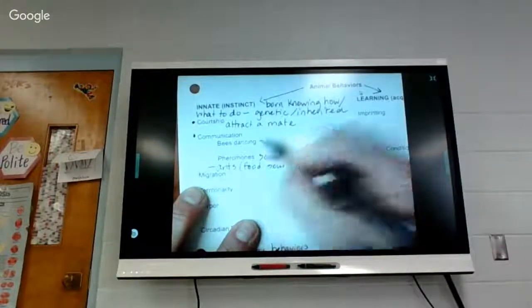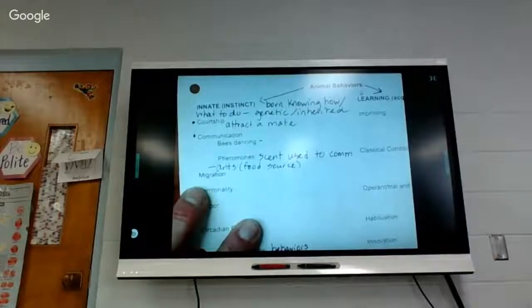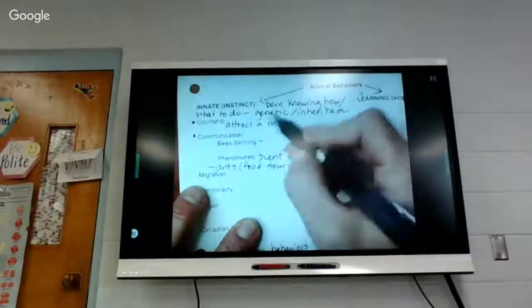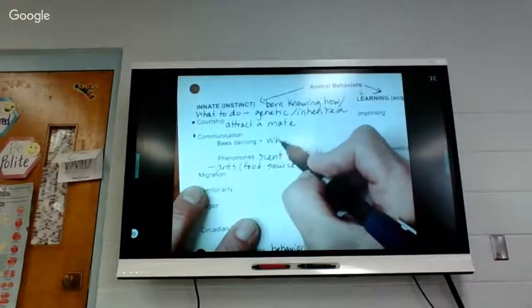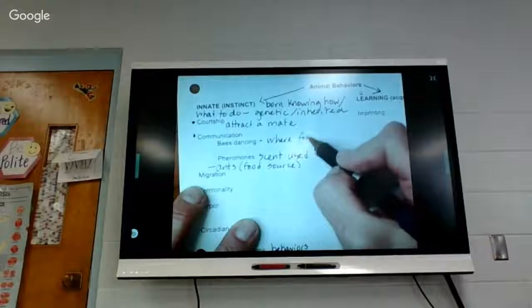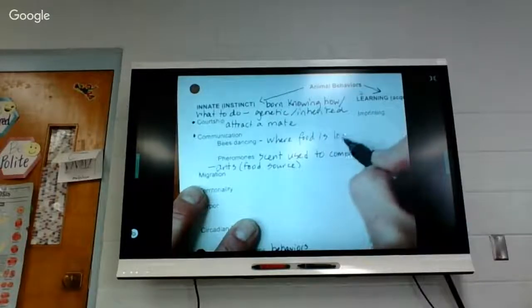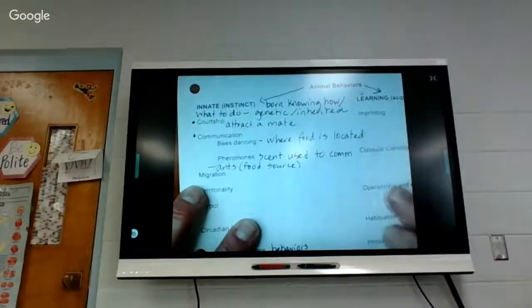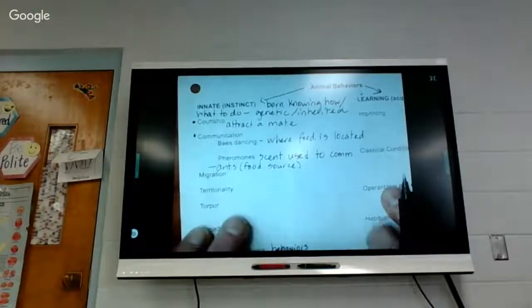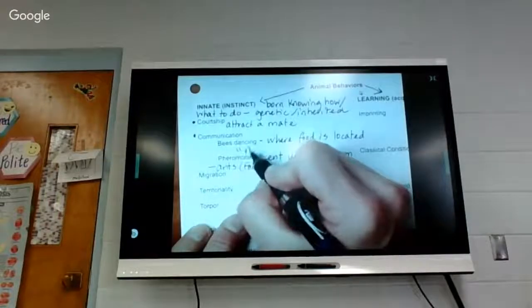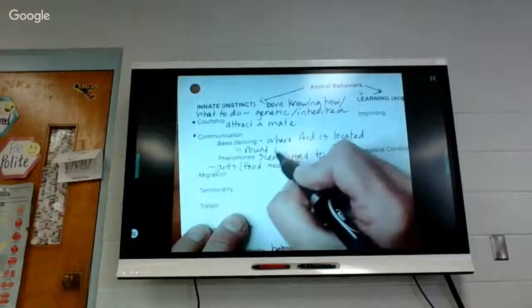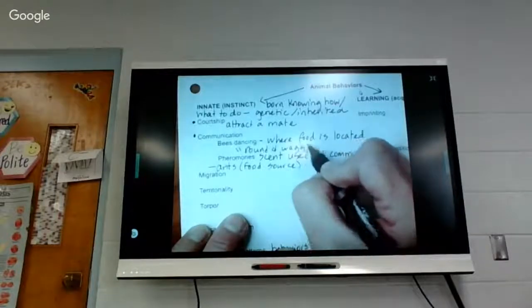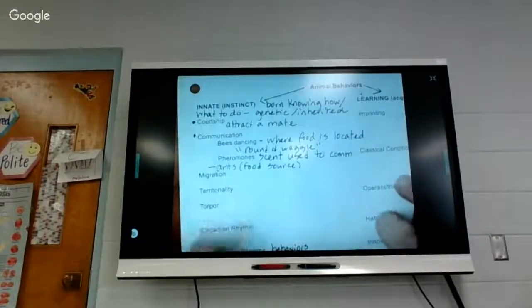This one's kind of neat. Bees dance, and it's not for courtship. They actually will dance to tell where food's located. So they actually do a round dance and a waggle dance. And in college, that was one of the labs we had to do.